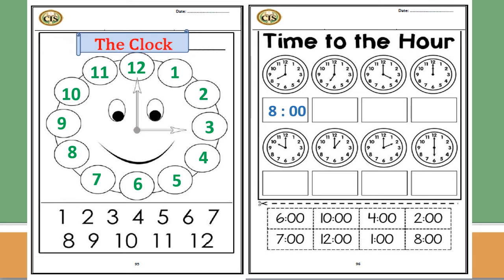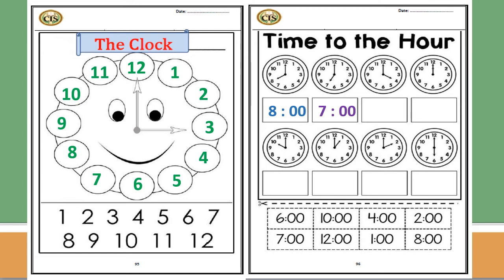In the second clock here, the short hand points to 7 and the long hand points to 12. In digital form, it means 7, 0, 0: 7 for hours, 0, 0 for minutes. Here, the short hand points to 4 and the long hand points to 12.